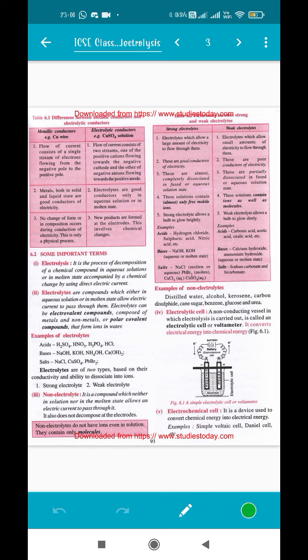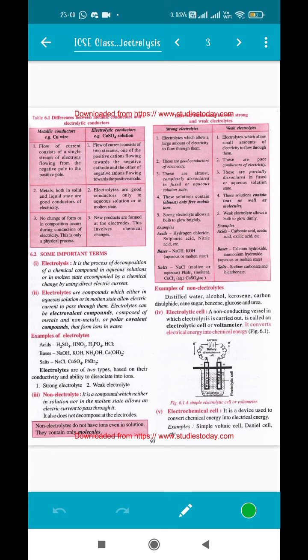All the organic acids like formic acid or tartaric acid are weak electrolytes. But all the mineral acids such as HCl, then we have H2SO4. I am not considering HNO3 because it has some different properties. So these two, and if you consider bases, strong bases such as KOH, NaOH, etc., and salts such as NaCl, etc., they are very good conductors. They are very good electrolytes.